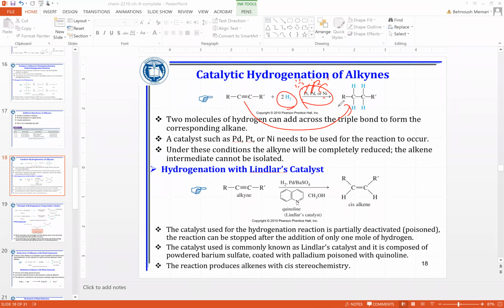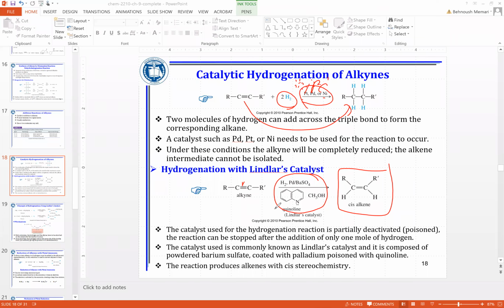Now, if you want to add only 1 molecule of H2 and stop it in the alkene state, basically you're breaking one of the pi bonds. The catalyst that you are using must be a poisoned catalyst. So the reaction condition must be mild.